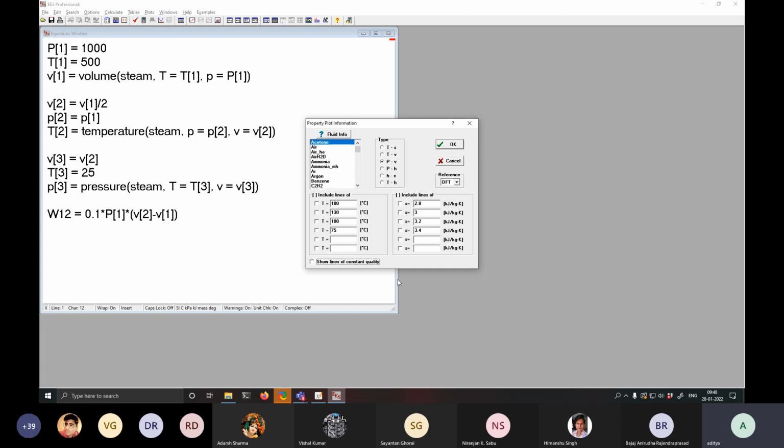Forget about these things, and I will plot T equal to T1, T equal to T2, and T equal to T3. I will do these plots, and this is to be for steam.